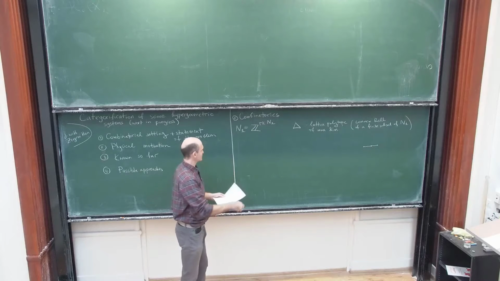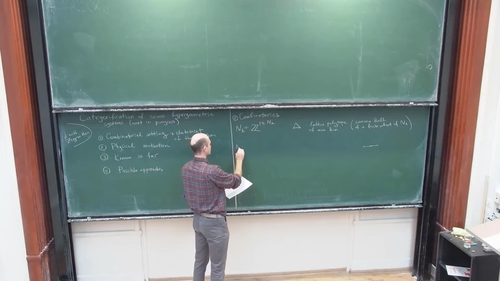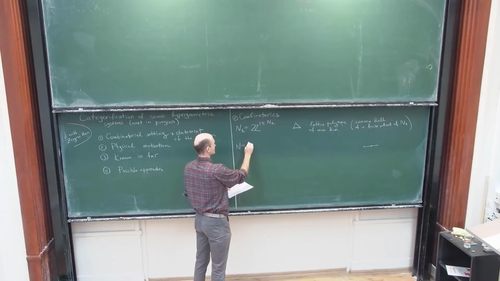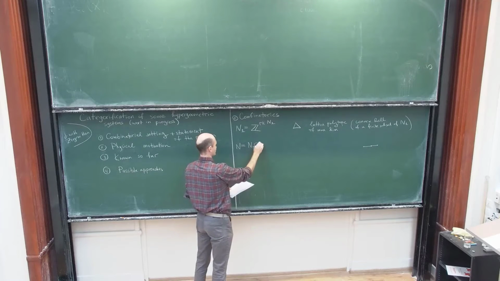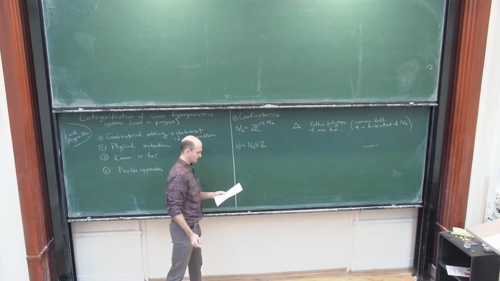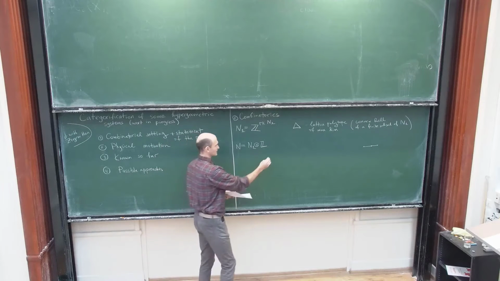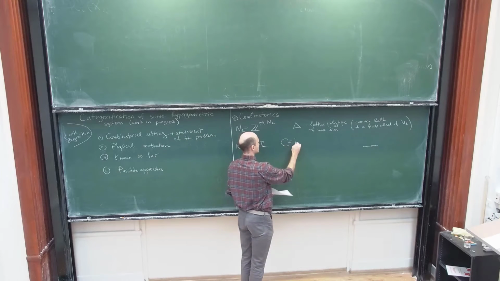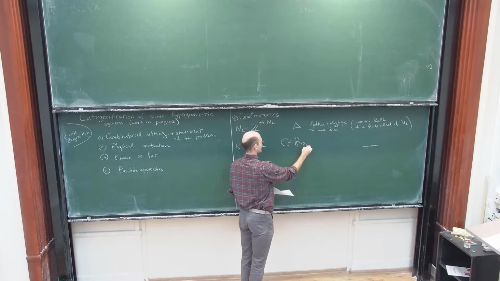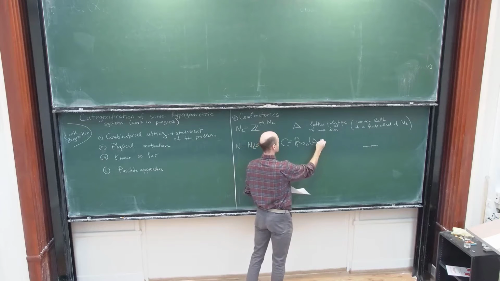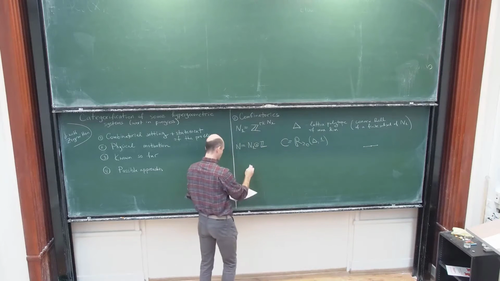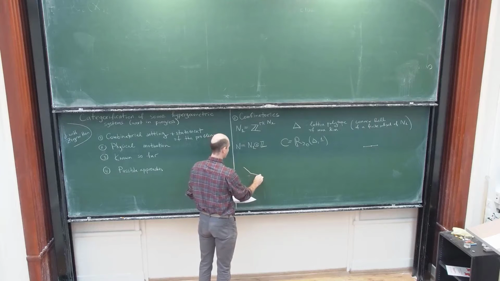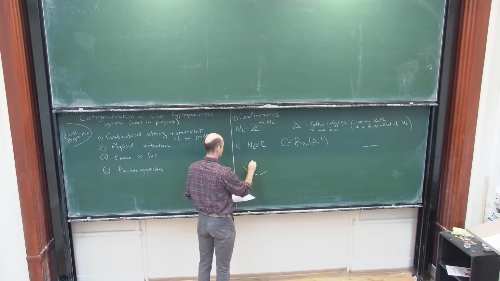Then I'm going to consider a cone over this polytope. So I raise my lattice. I get an extra direction, and I'm going to consider the cone C, which is just r greater or equal than 0 times (delta, 1). So the way you should think about it is I have my polytope delta.